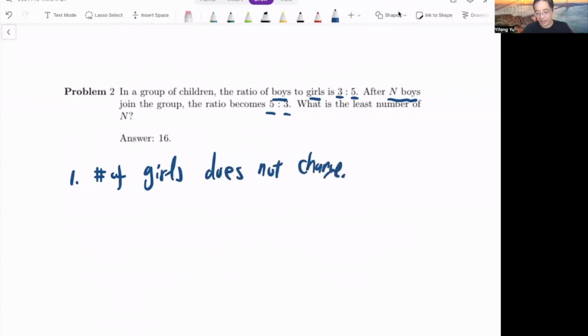So let's use a little algebra to make things easier to handle. Let x be the number of girls, which does not change.